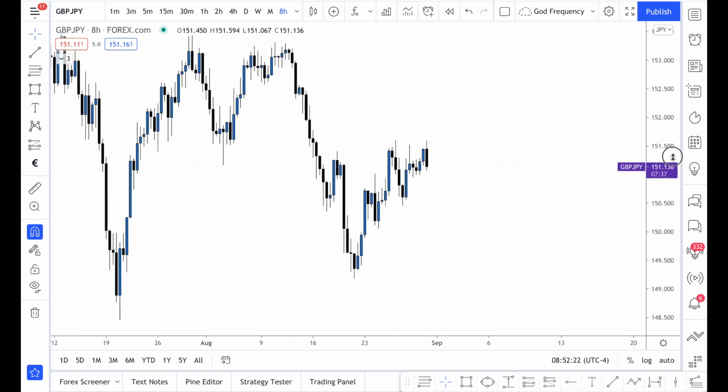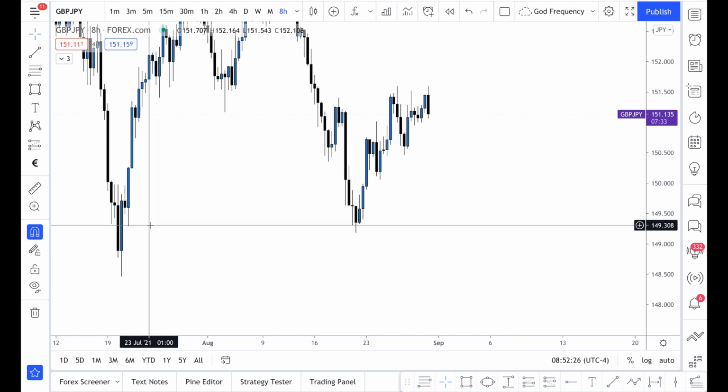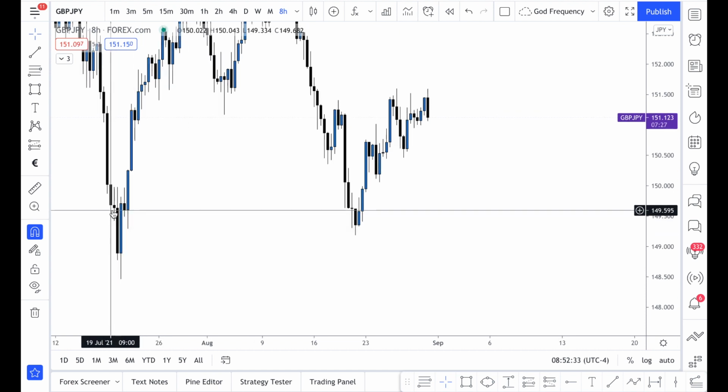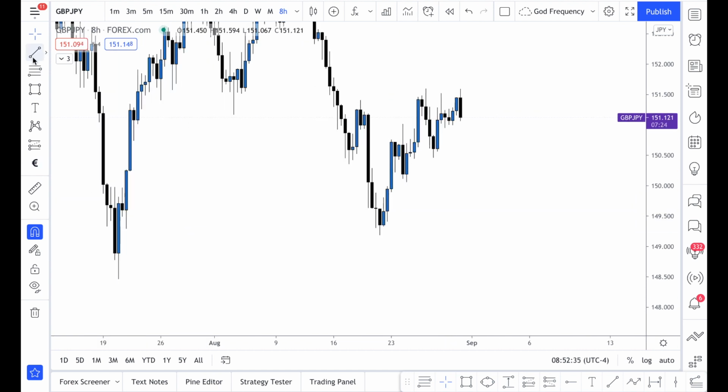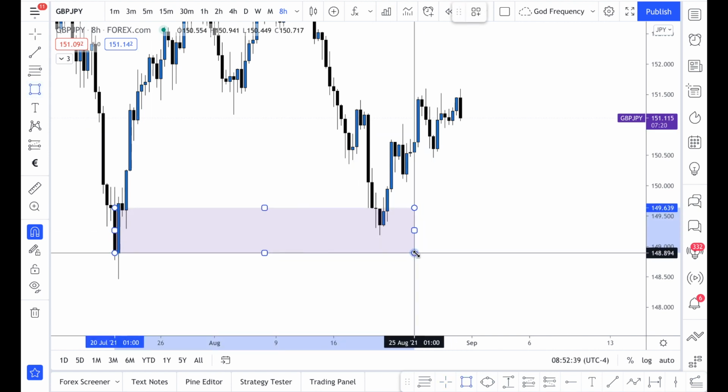What I have been paying attention to and what I've noticed in practice is looking at these higher time frames like the 8-hour or the 12-hour. You'll see order blocks such as here that will form, right?